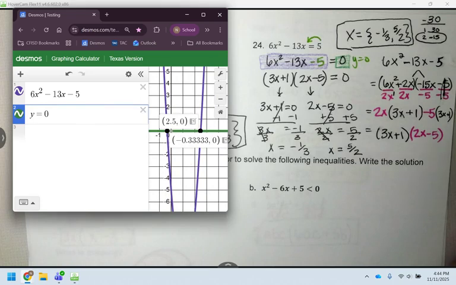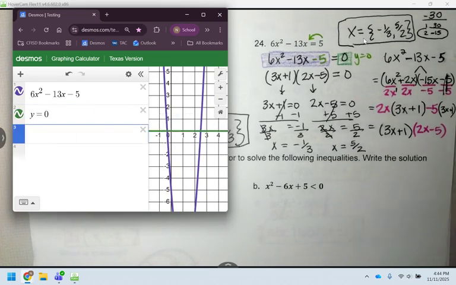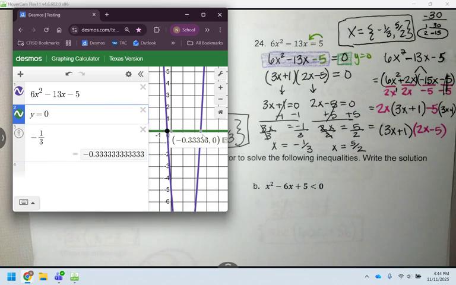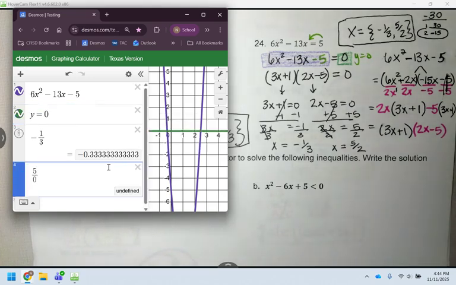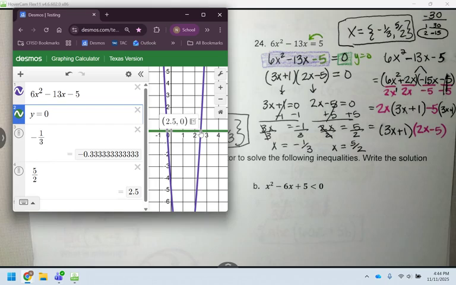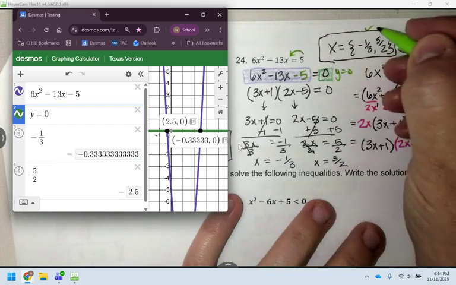Negative 0.33. Let's see, we got negative 1/3. That is the same decimal that we got. And then 2.5. We got 5/2, which is 2.5. So where they intersect is the solutions, and we got them right.